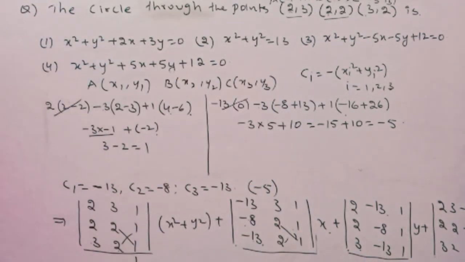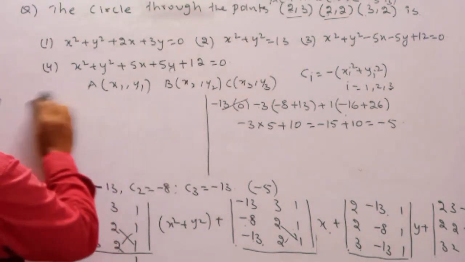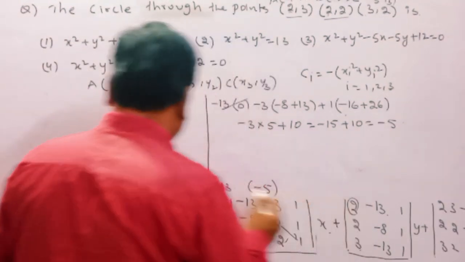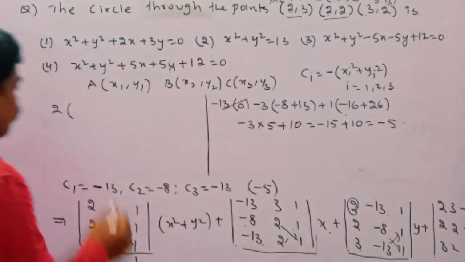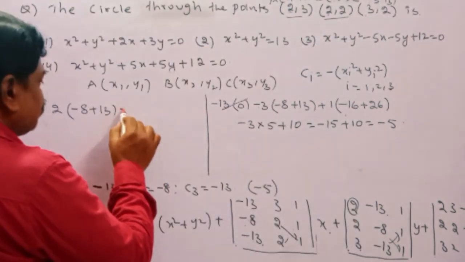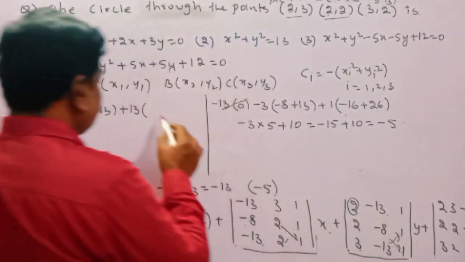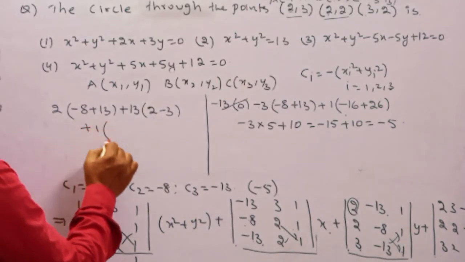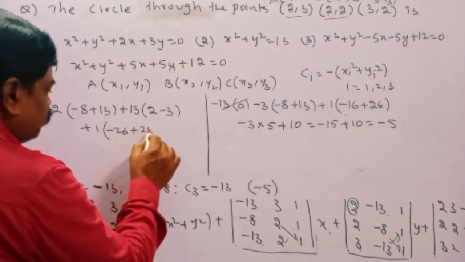And we have to find the y coefficient value. The y coefficient value is 2 into minus 8 plus 13, minus 3 of 2 minus 3, plus 1 of minus 26 plus 24.